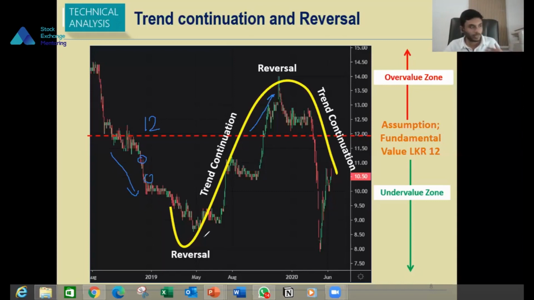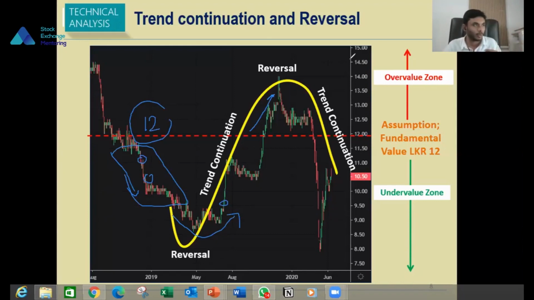So what you have to find is the turning point which will help you to time the market. Instead of wasting your time trying to average down in a downtrend market, you time the market. You keep in mind that fundamentally the stock is valued at 12 rupees, but what is the right timing where you don't waste your money with an opportunity cost, where your money is stuck in a downtrend?